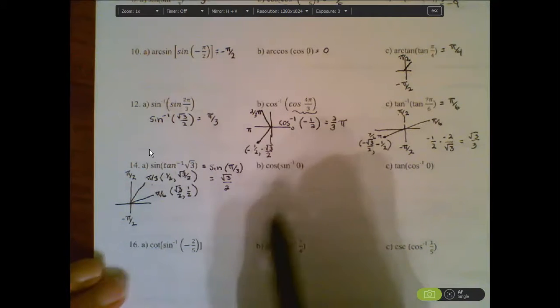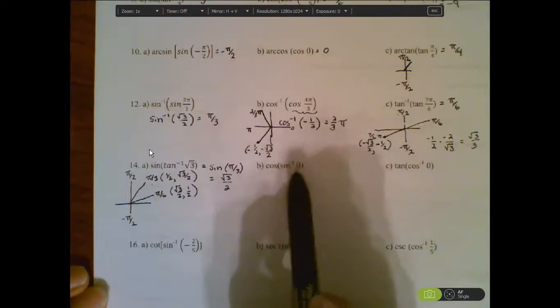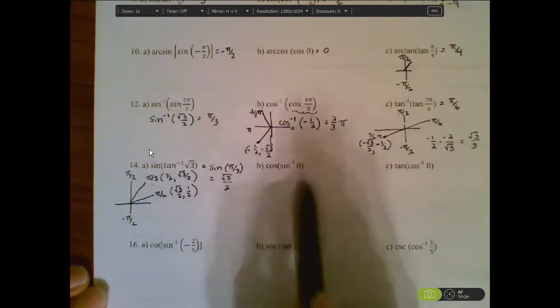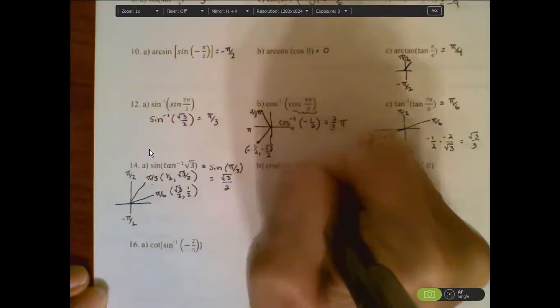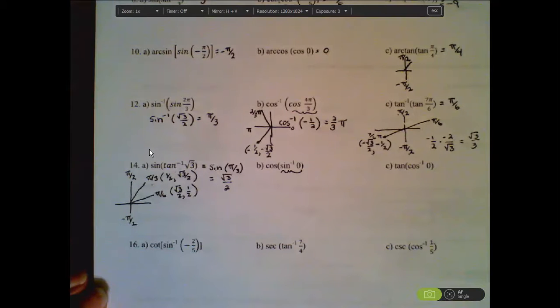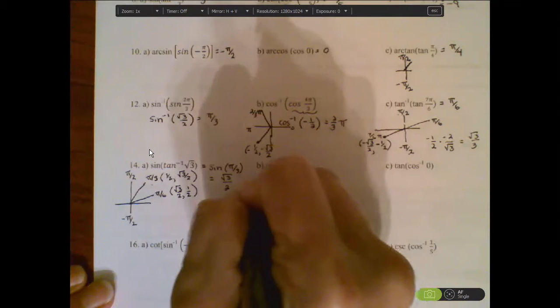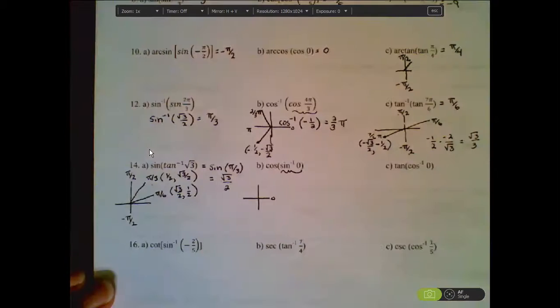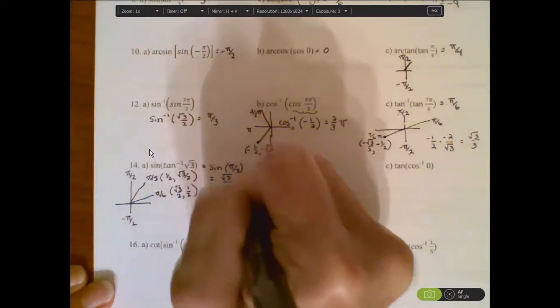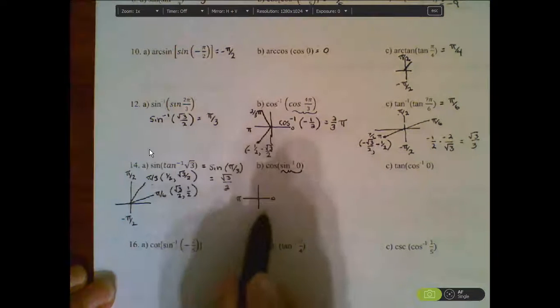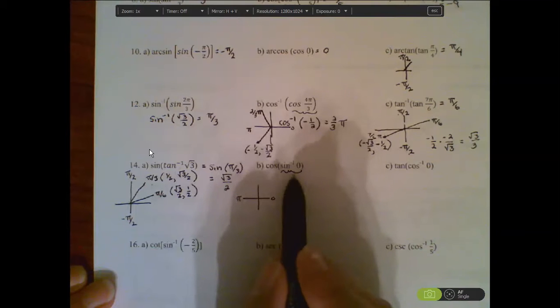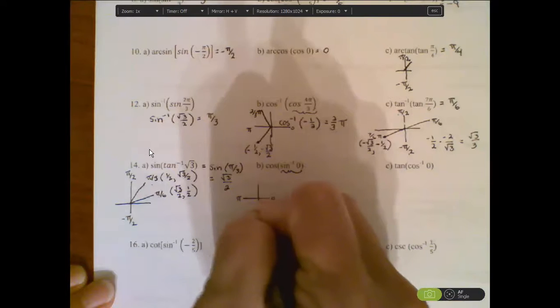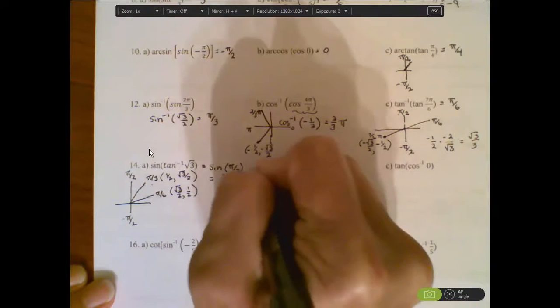The B part, I'm looking for the cosine of the inverse sine of 0. Well, first I need the angle whose sine is 0. On the unit circle, where is sine 0? At 0 radians and at pi radians. Which one of those can inverse sine give me as an answer? Remember, inverse sine only gives me answers between negative pi over 2 and positive pi over 2.